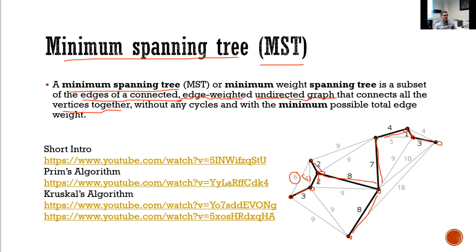So that's the algorithm. Once you're finished, you have this tree structure which allows you to go from any of these vertices to any other vertices. So it's a completely connected tree extracted out of this network.